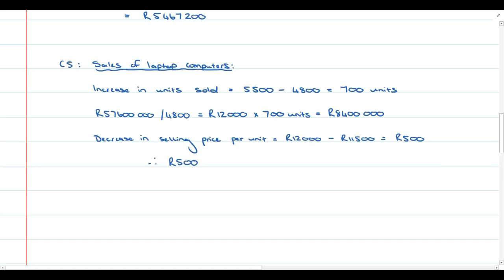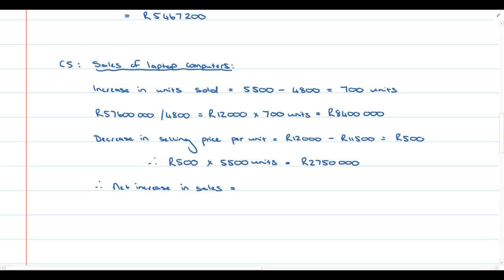All 5,500 units are going to be sold at 11,500 Rand instead of 12,000 Rand. So to calculate the impact, you need to multiply by 5,500 units. So as a result of the decrease in the selling price per unit, sales will drop by 2,750,000 Rand.